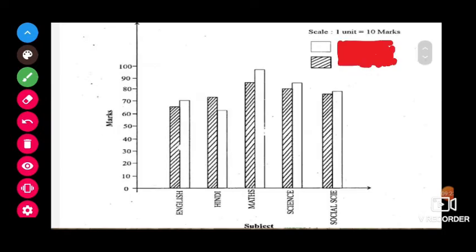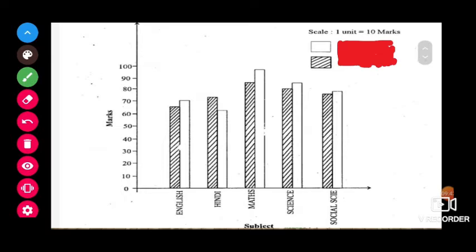So for 67, you know already it's a horizontal bar graph. Once we revise, we take the horizontal line which will show the subject, and the vertical line, each unit is 1 centimeter in your book, and one unit is 10 marks, and that vertical line will show the marks.